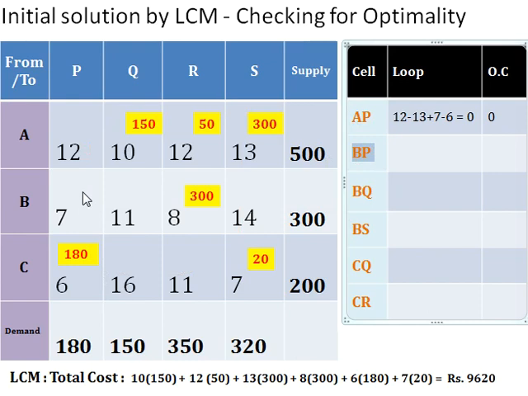So for this cell, if we start a loop from here, then if we move downwards, we have this possible turn. From this we can move over here, and from this if we go here, then we can have another turn here, and then we can again have a turn over here, and our loop is complete.